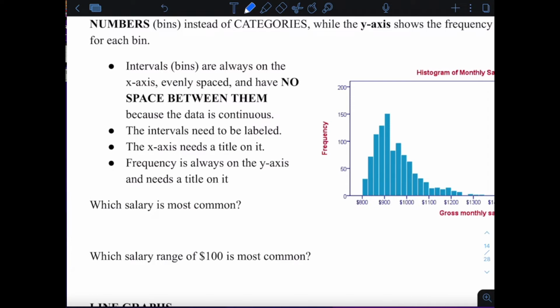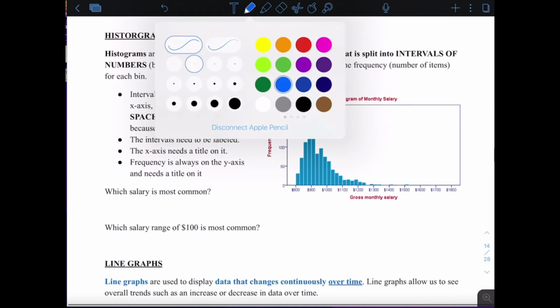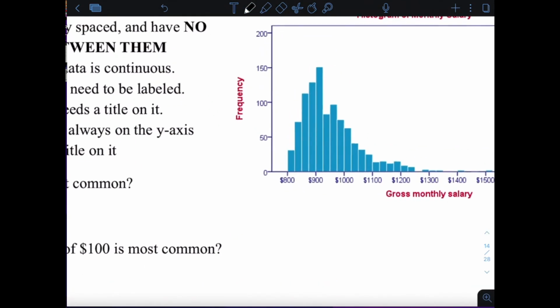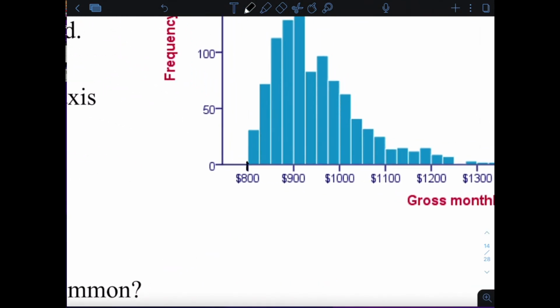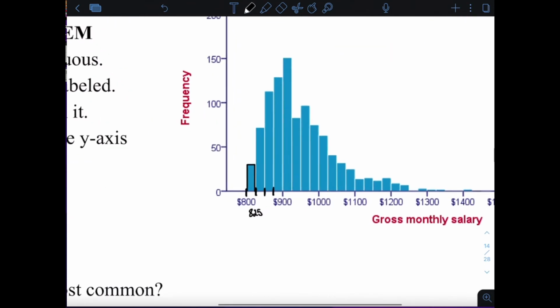So when I look at this histogram, I can see that, all right, one of the buckets would be from 800 to this other point right here, which looks to me like it is $825. So this bar here would represent the frequency of monthly salary of people that falls between 800 and 825.